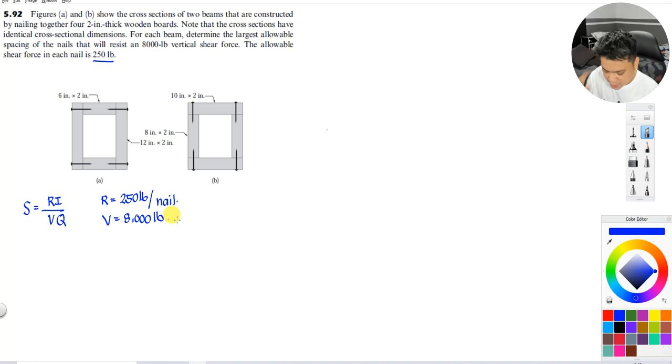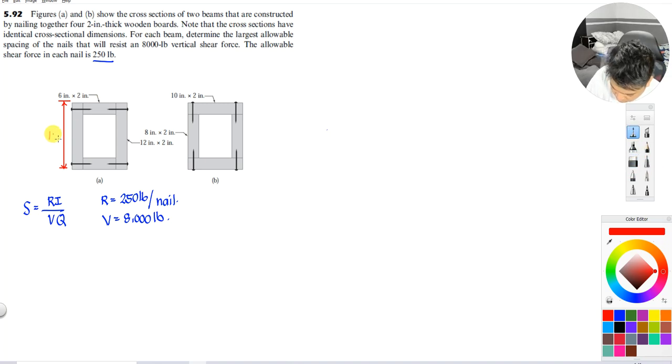Okay? So, check natin yung dimension, parehas lang naman yan. Ito is, again, 6. Okay? And then, this one, that's 6 by 2. Ito daw ay 12 by 2. Okay?